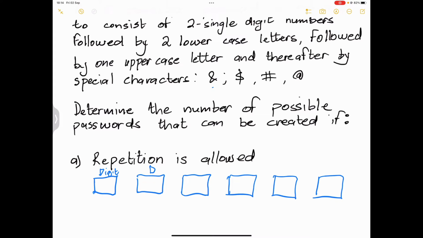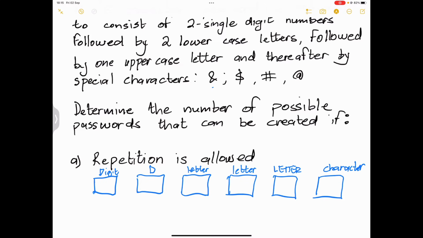Then 2 lowercase letters, and they didn't give us any restrictions, so letter and letter there. Then an uppercase letter, capital letters, and then special characters. Let's just call them characters there.